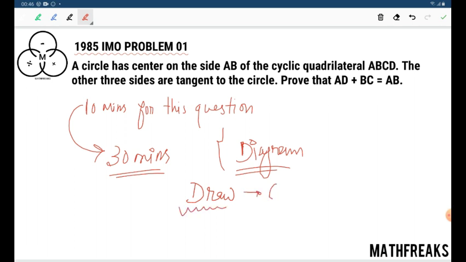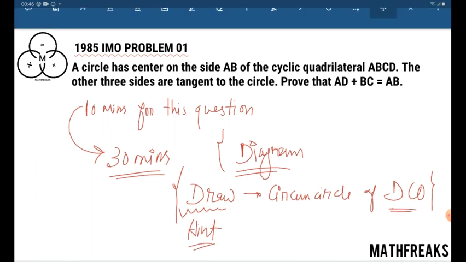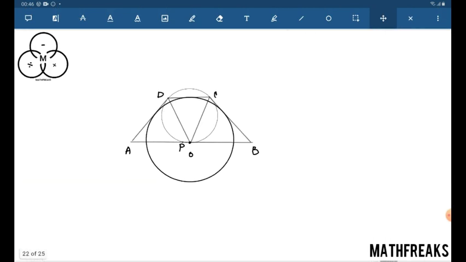Draw the circumcircle of DCO. This is the only hint we need to solve the problem. So let's move ahead.